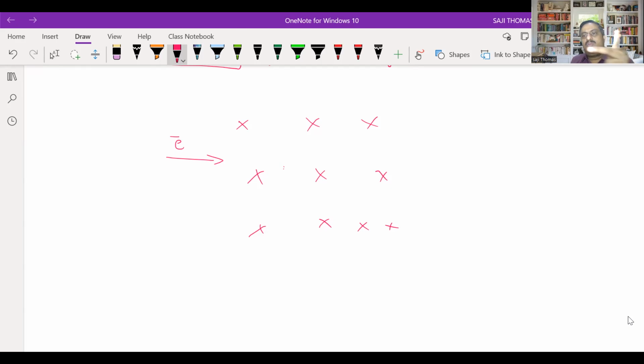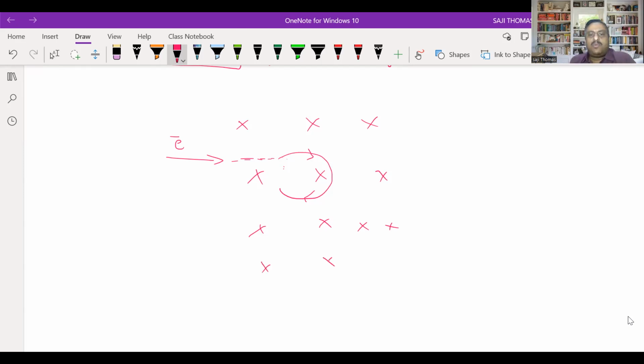Electron is moving from left to right, so the current, the positive charge, will be in the opposite way. Magnetic field is into the plane of the paper, so the electron will be deflected downward. So the electron will move like this. But which rule did I use? Fleming's left-hand rule. The electron is moving in this way, so the positive charge will move opposite. Magnetic field is into the plane of the paper. Force will be downward.